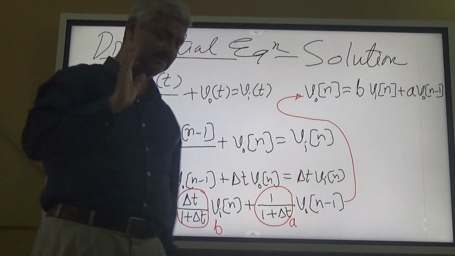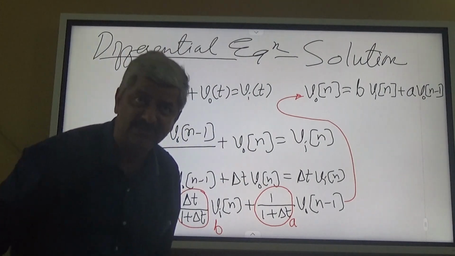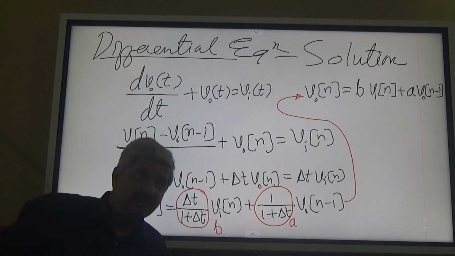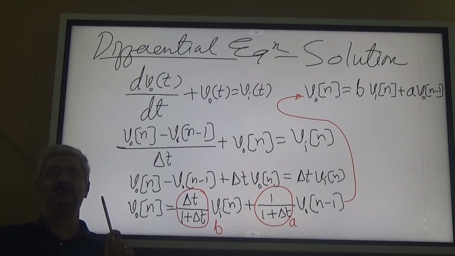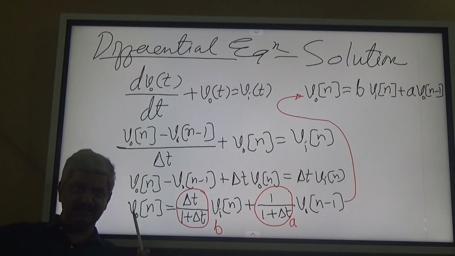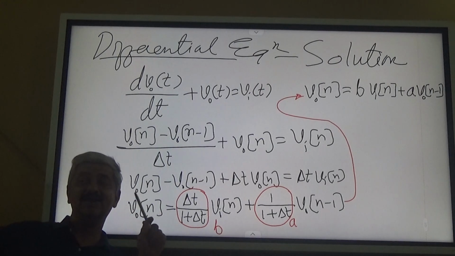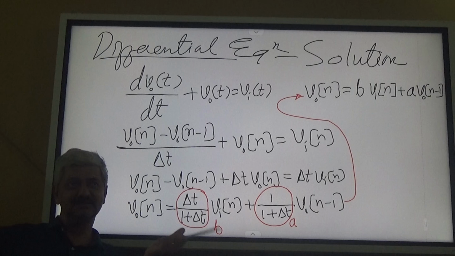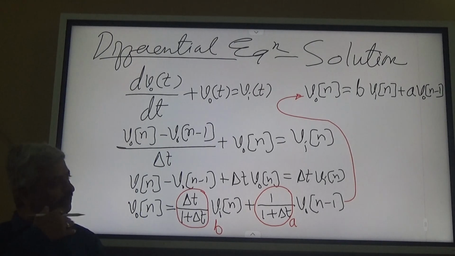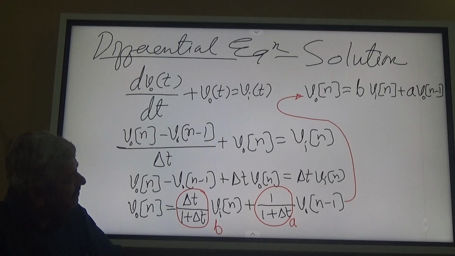So we got a very simple three-term equation. Listen very carefully: the current output sample is equal to something into the current input sample plus some other thing into the previous output sample. So on the right hand side there is now nothing which is unknown.